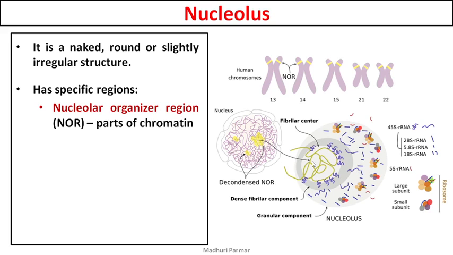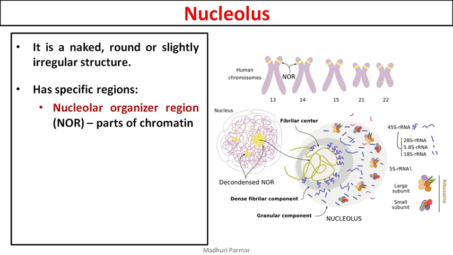This nucleolar organizer region is a part of chromatin, part of your DNA, and this chromatin forms loops like this in the NOR. These regions actually contain the DNA for synthesis of your rRNA.